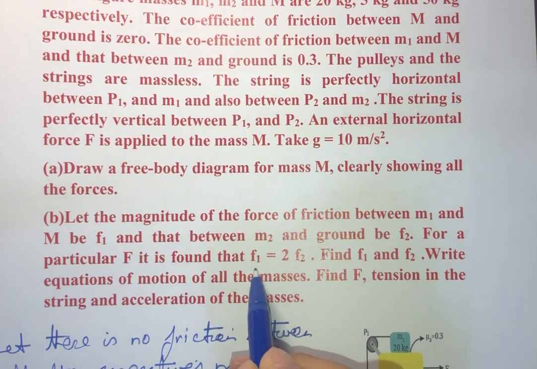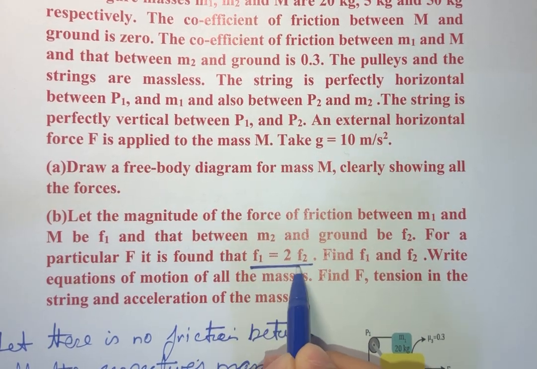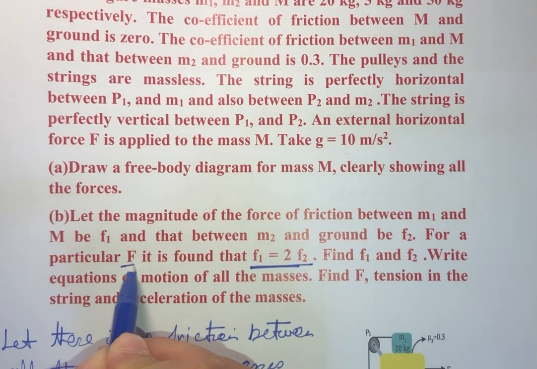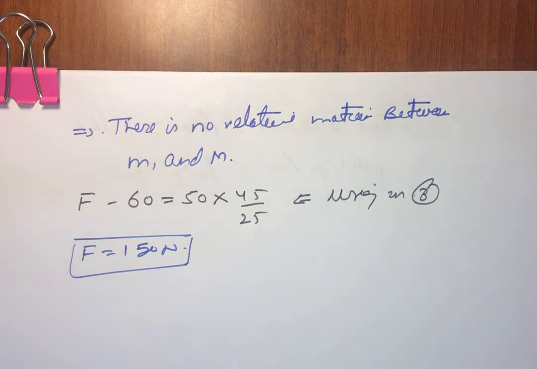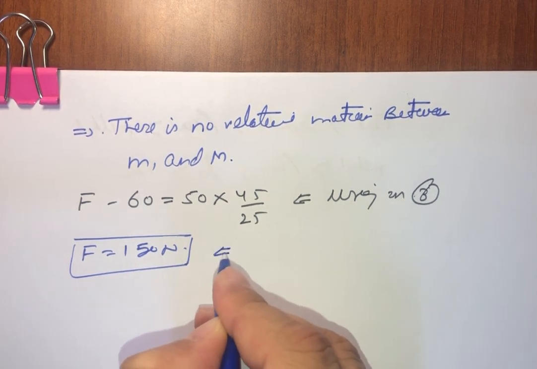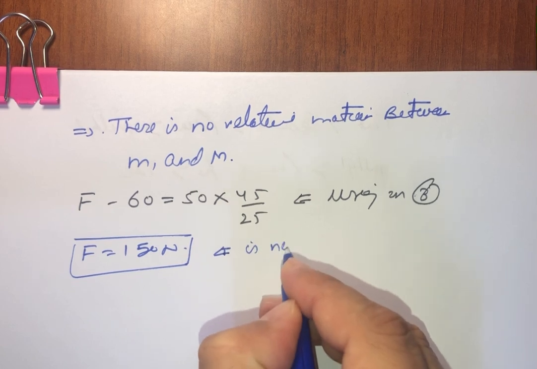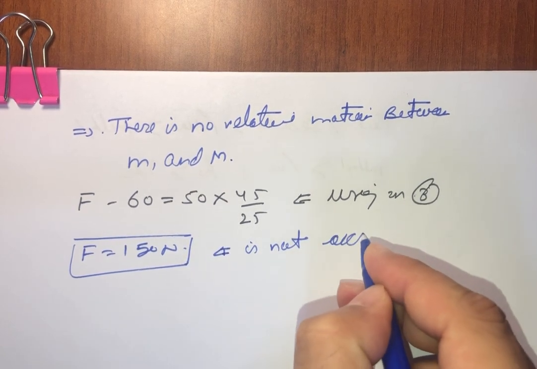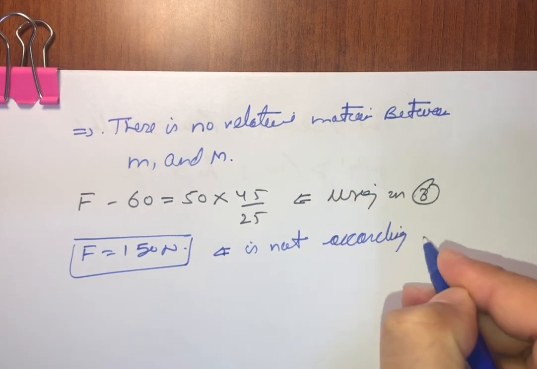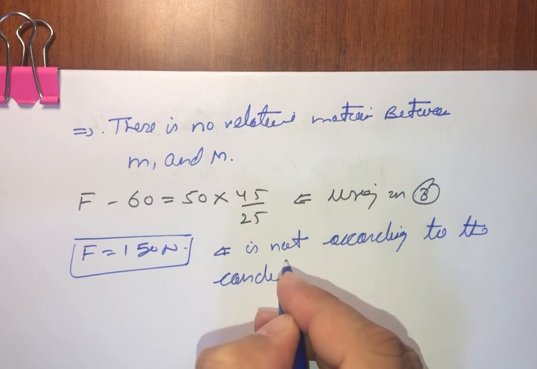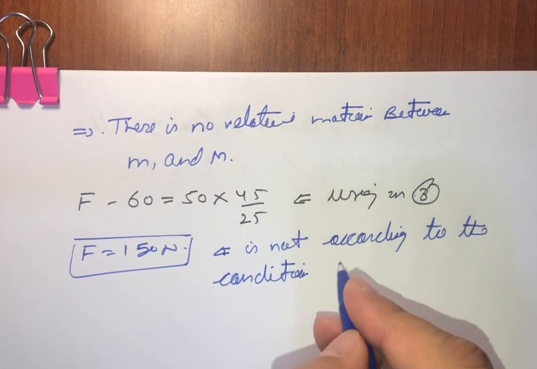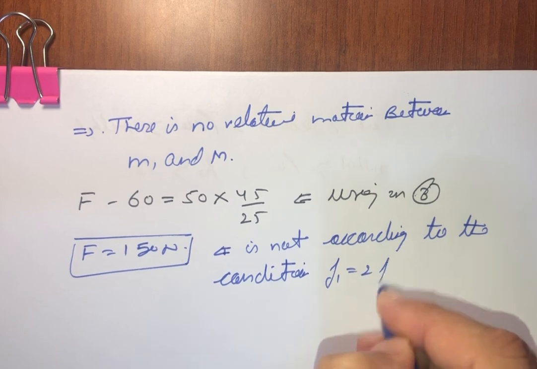Okay, so we have to use this condition in order to find out the value of the force. So we are going to use the condition that F1 is equal to twice F2 and then find out the value of the force. Okay, so it means this value of the force is not according to the condition F1 equal to twice F2.